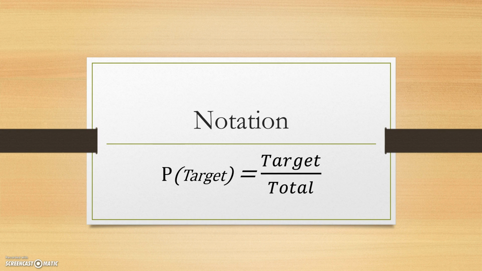You will see more and more of these types of notations where you have a letter and parentheses and something else. You just need to know that that's read as the P of, or the probability of, whatever's in the parentheses. Your target is going to be what's in the parentheses.